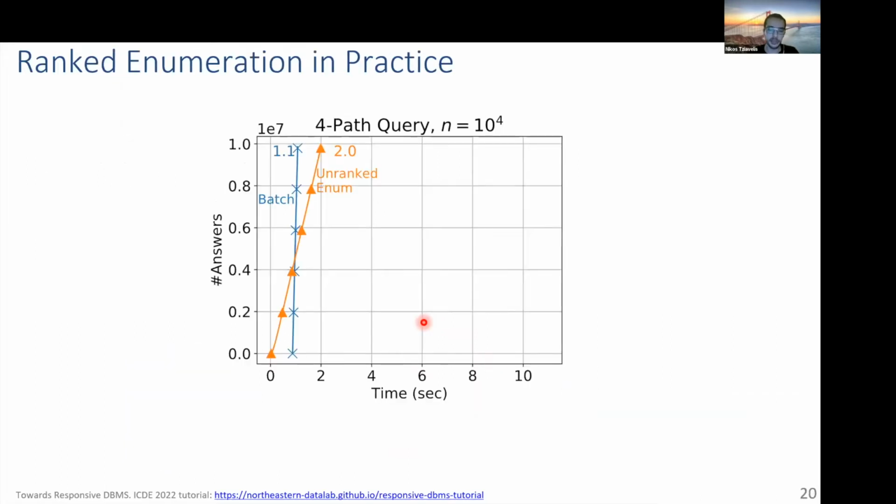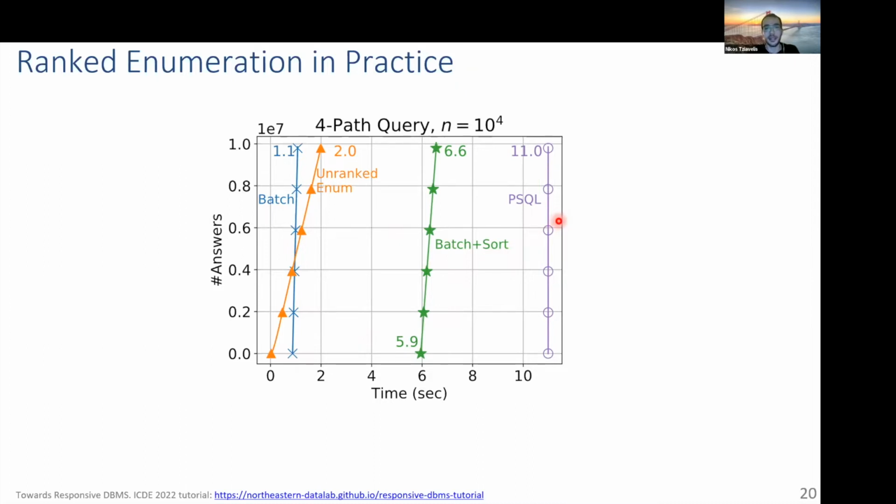Here's again an experiment where initially we have batch and the unranked enumeration. Now, if we try to sort the output of the batch algorithm, you can see it takes around 6 seconds in our environment, and in PostgreSQL, it takes around 11 seconds.